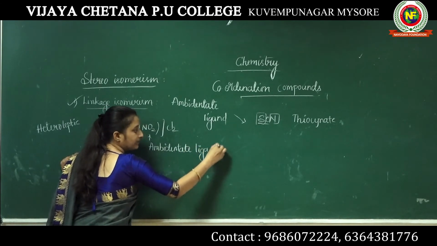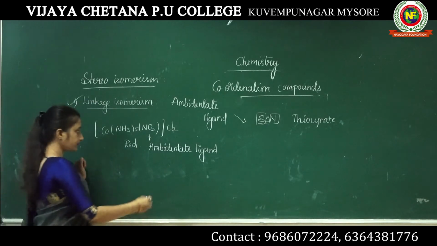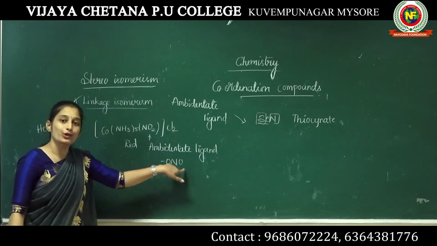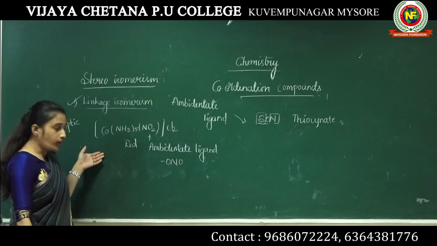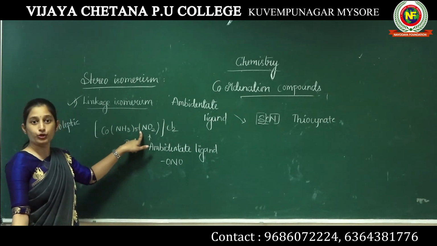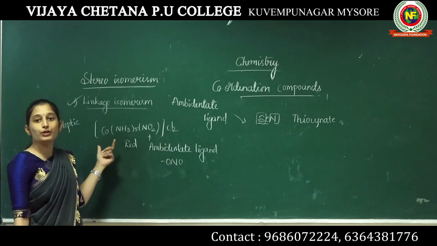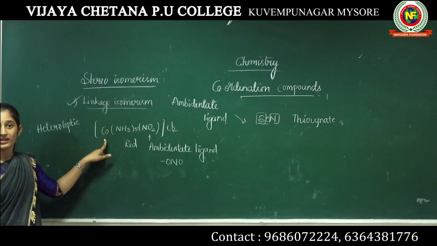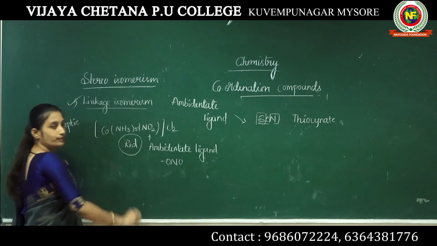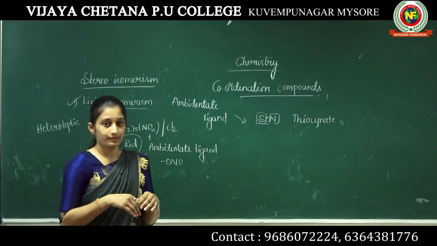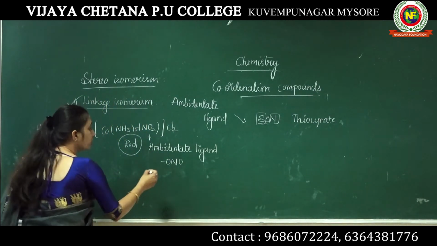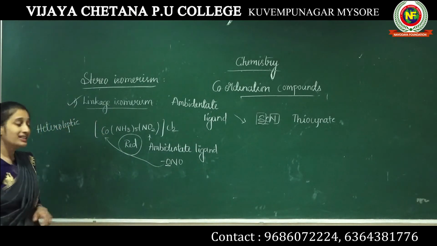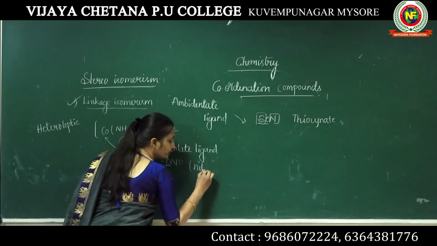Why we call it an ambidentate ligand: here nitrogen and oxygen both contain a lone pair of electrons. For this particular compound, maybe nitrogen may donate the electron, or else oxygen may donate the pair of electrons towards cobalt. We don't know. Suppose it is a red color complex, then it indicates oxygen donates the lone pair of electrons towards cobalt. This is nitrito.